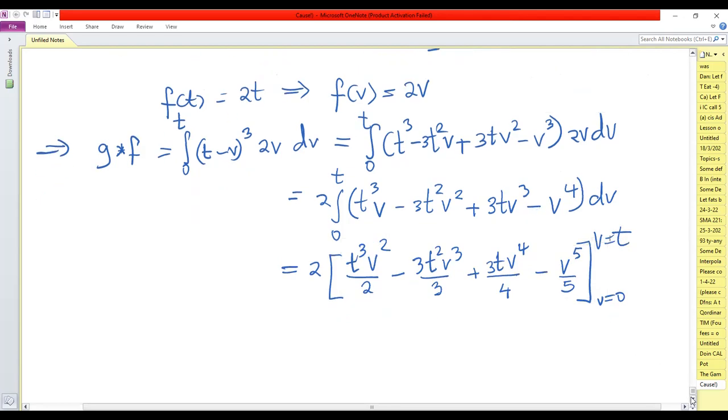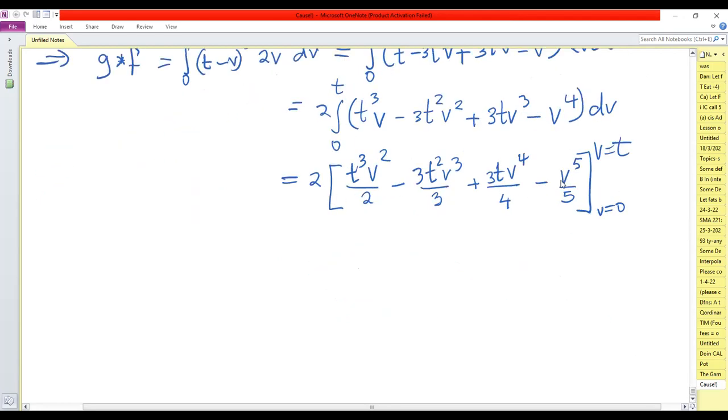What we are sure of is that the lower limit will be 0 because every term has a v. So the answer will be 2 times, when you put t for v in this term, t cubed times t power 2, which is t power 5.